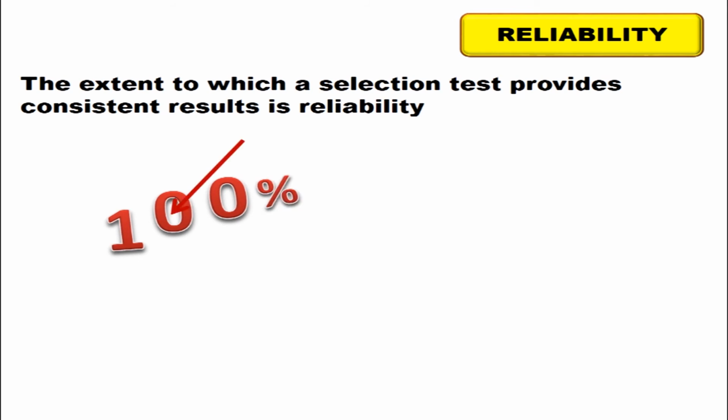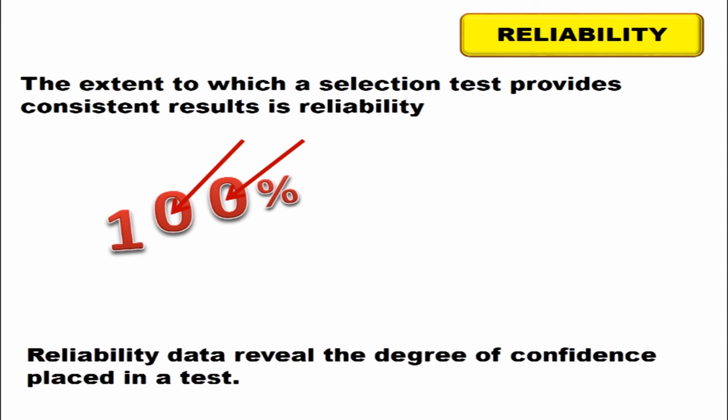Reliability. The extent to which a selection test provides consistent results is reliability. For example, if a person were to take the same test of personality several times and received highly similar scores, that is, consistent results, this personality test would be judged to be reliable. Reliability data reveal the degree of confidence placed in a test.